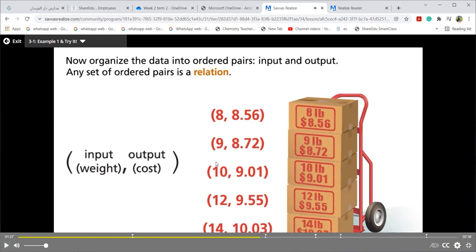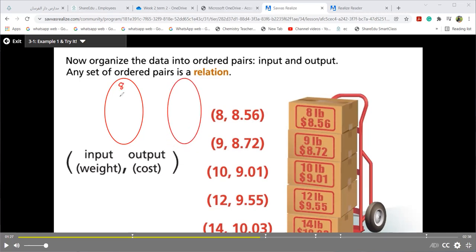Now girls, when you have this, don't you think you can easily make that arrow diagram? You will just put 8, 9, 10, 12, 14 on one side, like in the example. Okay, and how will you pair them?